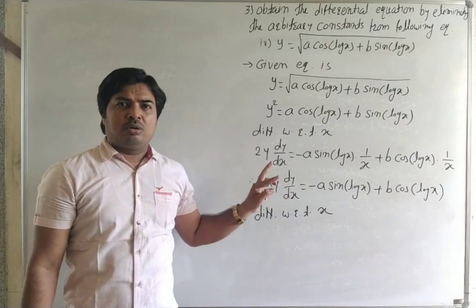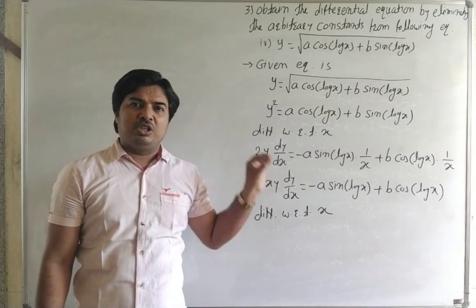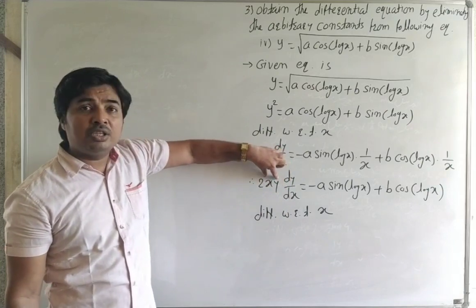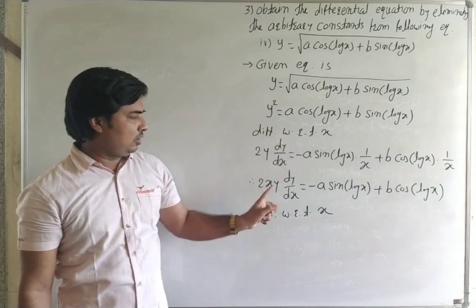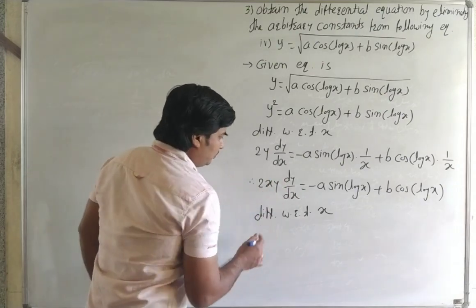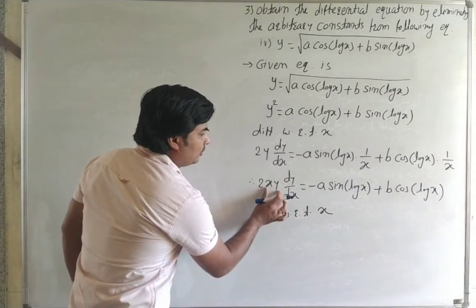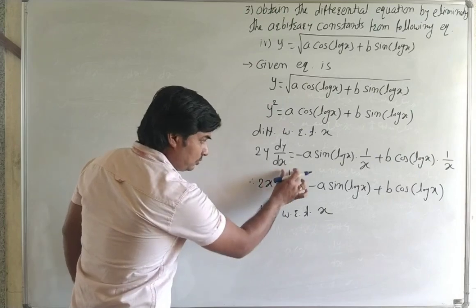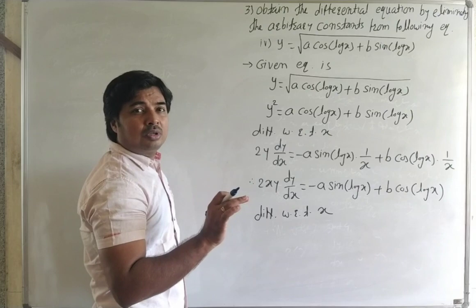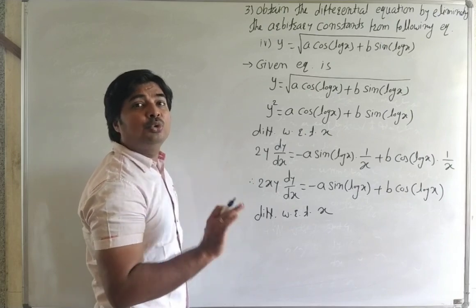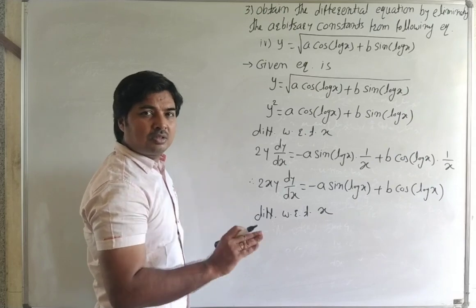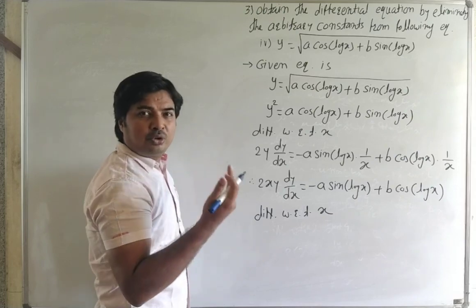We can use both methods. Here we use u into v. We take x into y as u, and dy by dx as v, and use the rule for the product: derivative of u into v is v into derivative of u plus u into derivative of v.